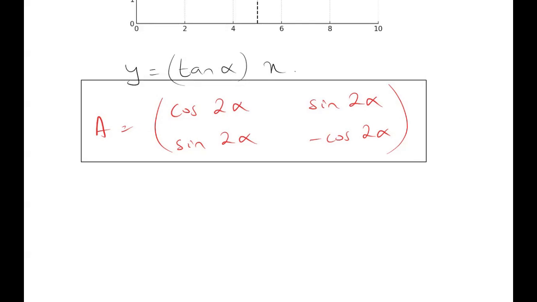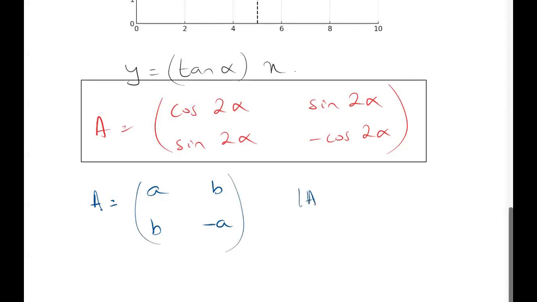Two things to notice here. Whenever we try to make any transformation matrix, be it the reflection matrix, the rotation matrix, or the translation matrix, we always try to look for a pattern. Over here we can clearly see that the pattern for the transformation matrix A looks like this: a, b, b, and minus a.